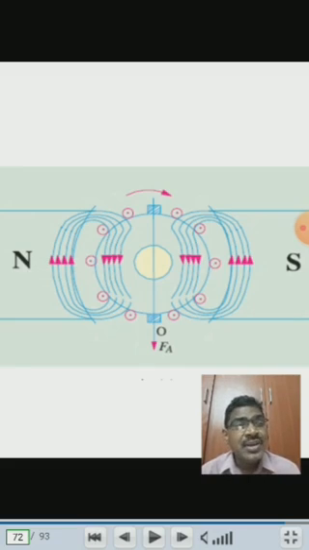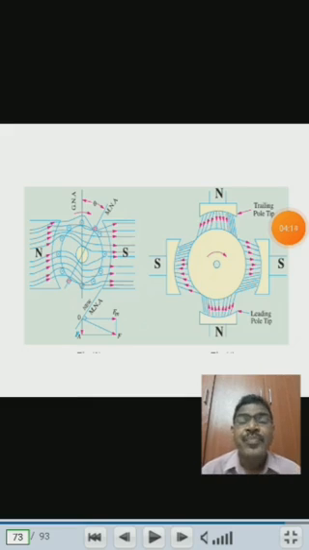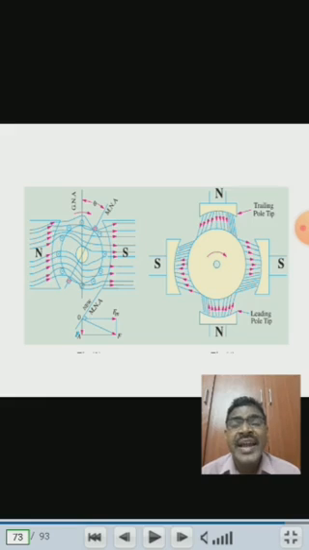But in actual case, field and armature will not be separated. Both these fluxes are there in the DC generator, both acting simultaneously. We will see that in the next diagram. Observe these two diagrams. The first diagram shows the field magnet flux and the armature flux, both acting simultaneously.